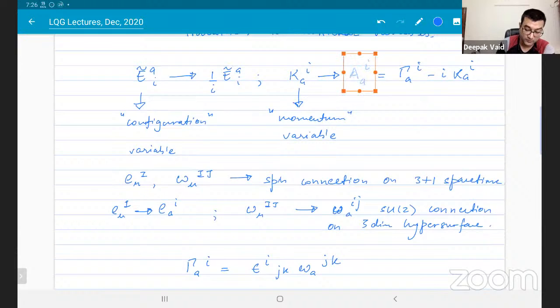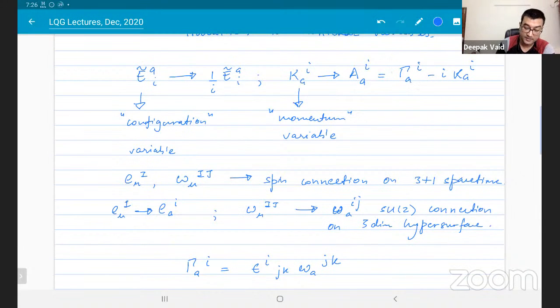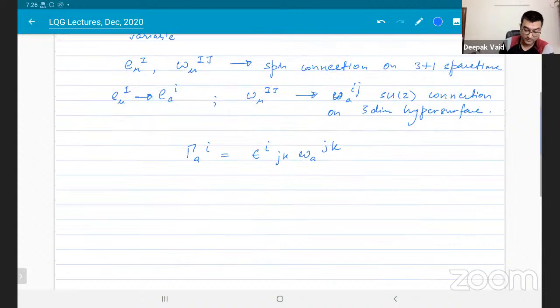So what is this new variable? It is a linear combination of your SU2 spin connection and your extrinsic curvature. And what is this SU2 spin connection? Remember that if you take the gauge covariant derivative and you act on this tetrad, you get 0, right?